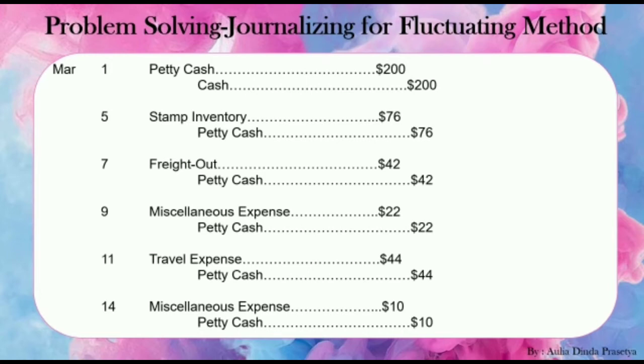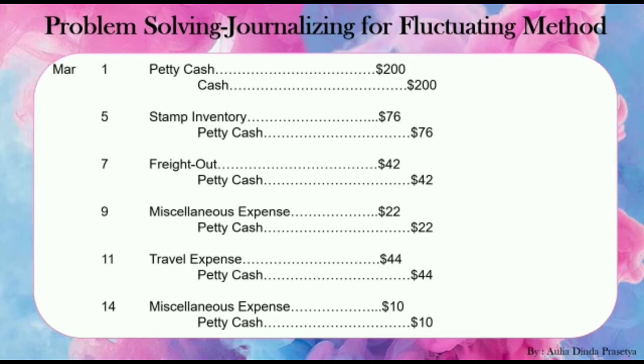For example, on March 5, Ernest Company has to pay for stamp inventory. So, the journal will be stamp inventory to petty cash amounting to $76.